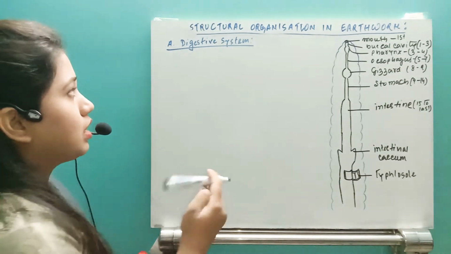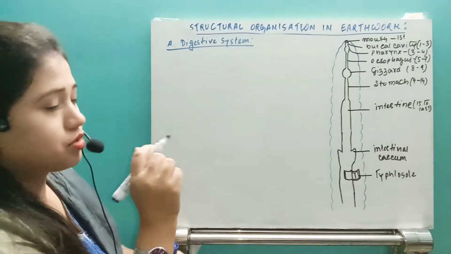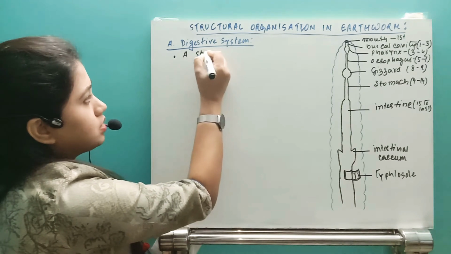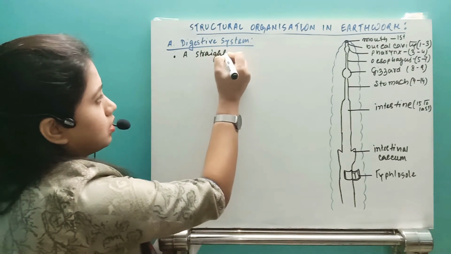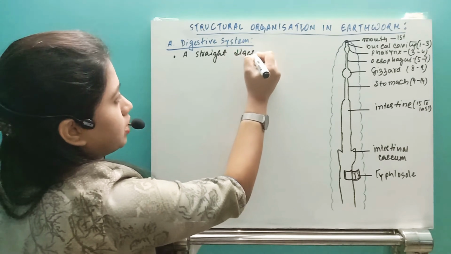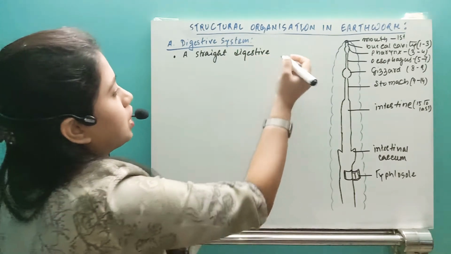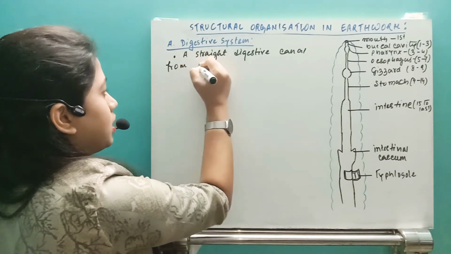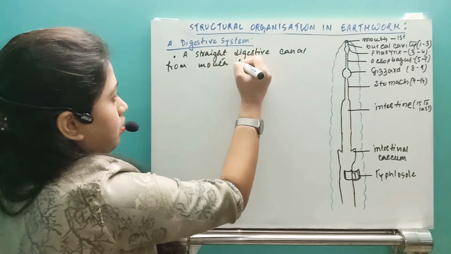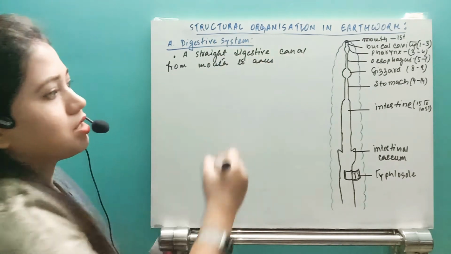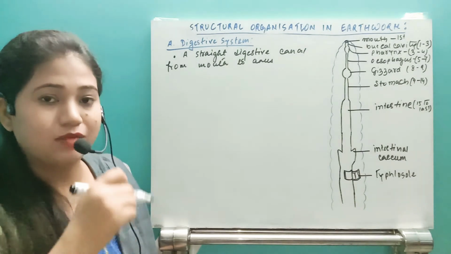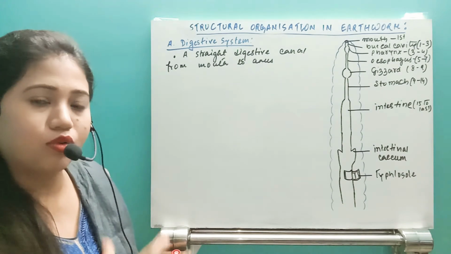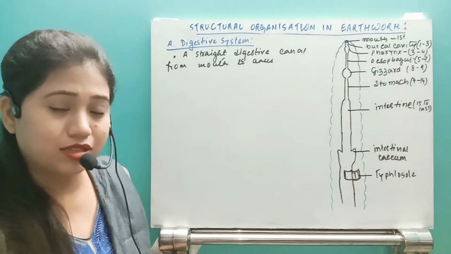So if it comes to the digestion, the first point is that they have a straight digestive tube, a complete straight digestive canal from mouth to anus. Unlike other organisms, they don't have any convolution, that means coiled structures, inside their body, as this worm is a very small, narrow, elongated worm.